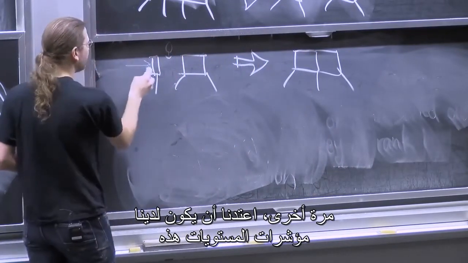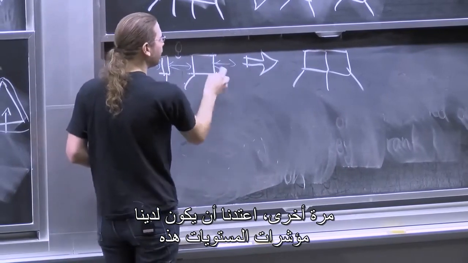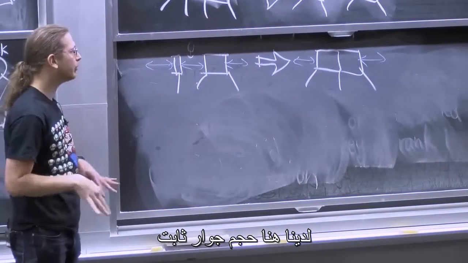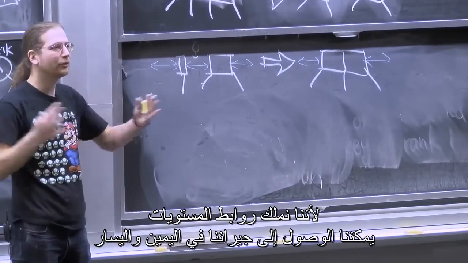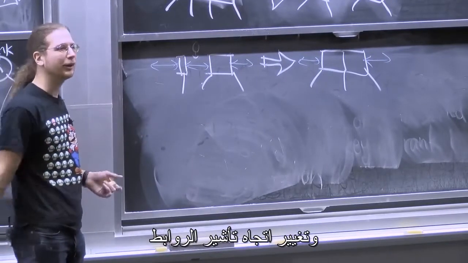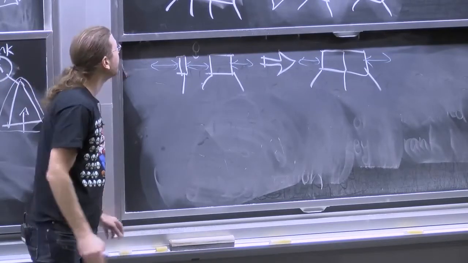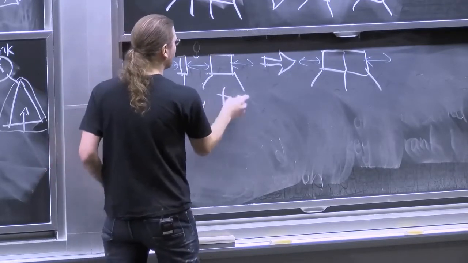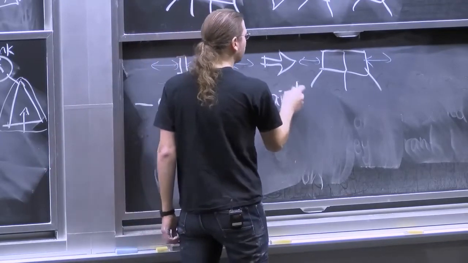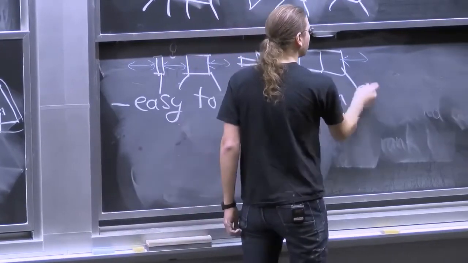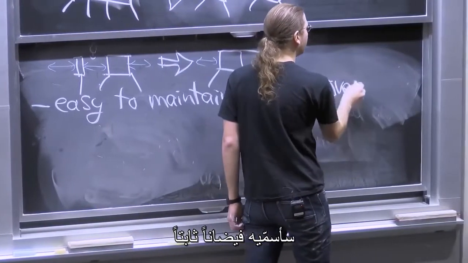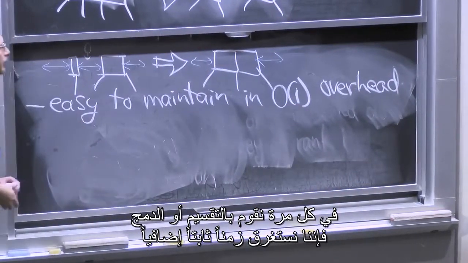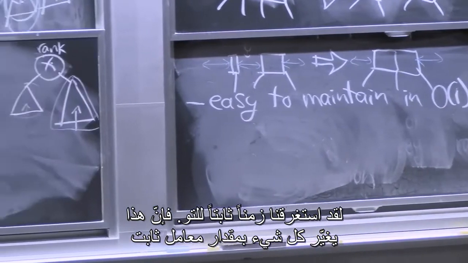Again, we used to have these level pointers. Now we just have these level pointers. It's easy to maintain. It's just a constant size neighborhood. Because we have the level links, we can get to our left and right neighbors and change where the links point to. So easy to maintain in constant time. I'll call it constant overhead. Every time we do a split or a merge, we spend an additional constant time to do it. We're already spending constant time, so it just changes everything by a constant factor.